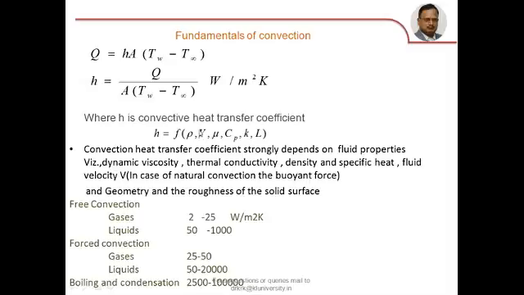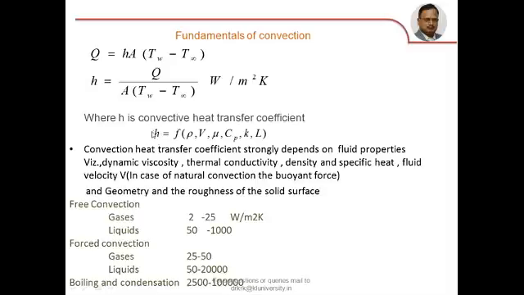Instead of blowing air at 1 meter per second, if you blow air over a hot surface at 5 meters per second, at a faster rate, the heat is removed. So it also depends on the velocity of the medium, thermal conductivity of the medium, and viscosity of the medium. So it's a very, very complicated parameter. Convective heat transfer coefficient depends on all these factors.